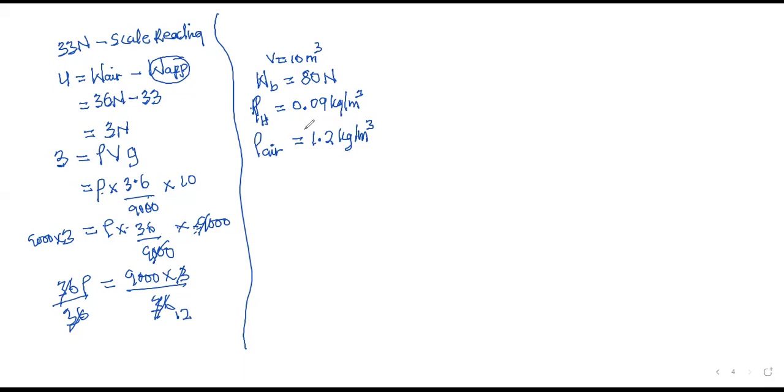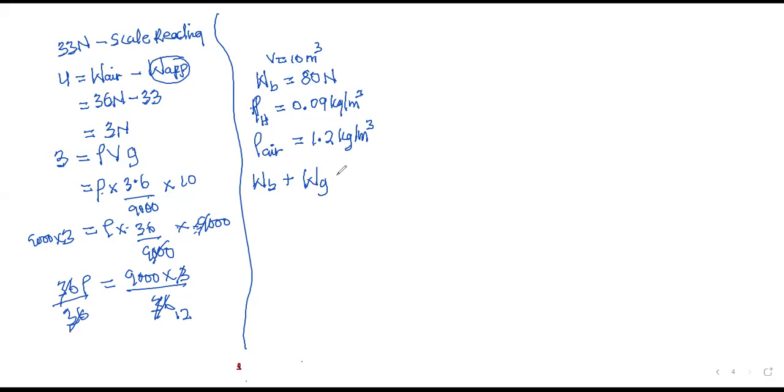So if I earlier told you that the hot air balloon is used for tourism and for exploration, so it takes people on board. So you are giving the weight of the balloon itself, and you are also giving the weight of the hydrogen gas within.